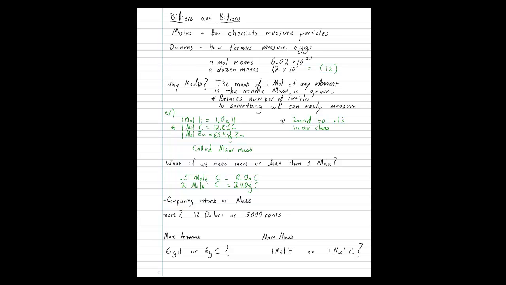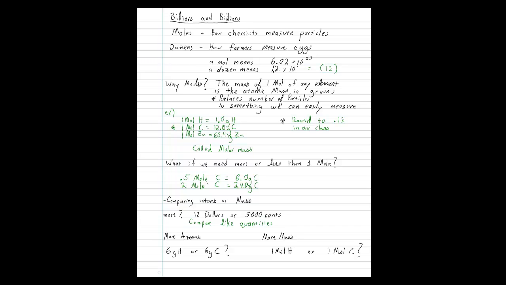Similar to how if we're comparing $12 and 5,000 cents, we have to remember to compare like quantities. It doesn't really matter which one we compare to find out which one is more money.